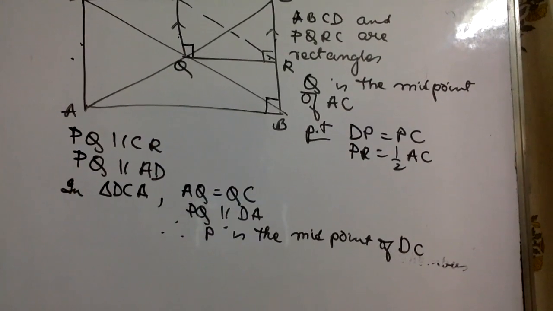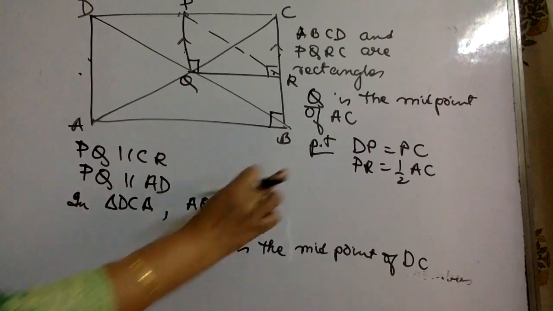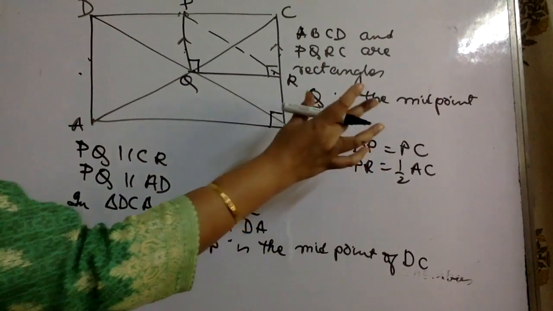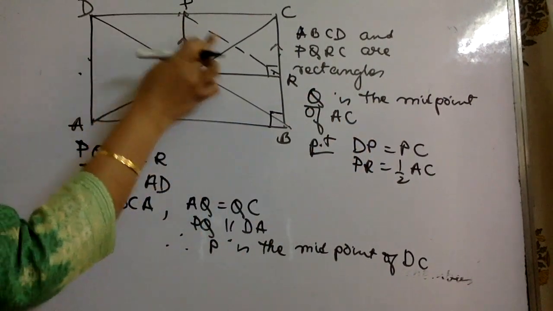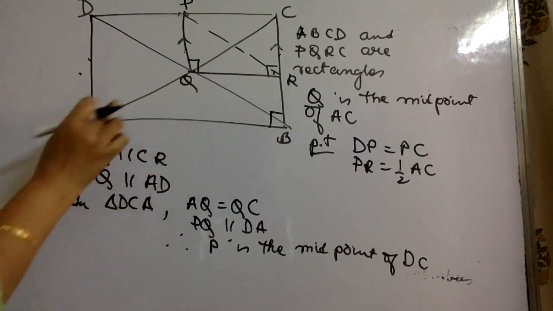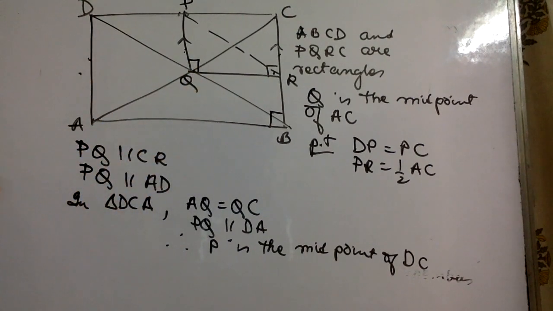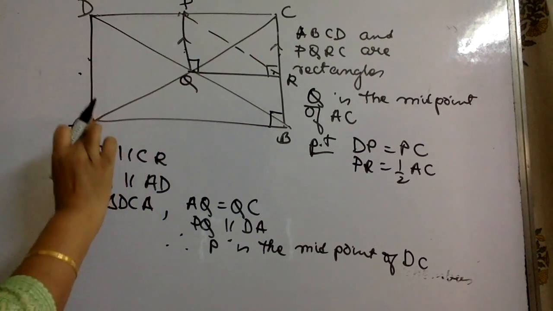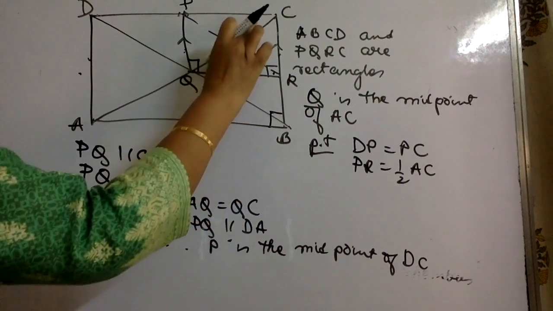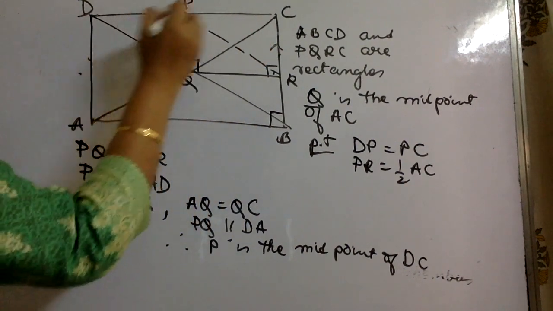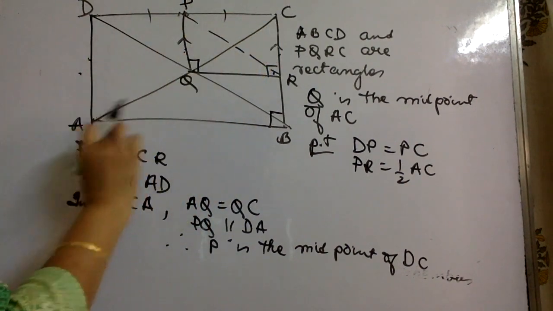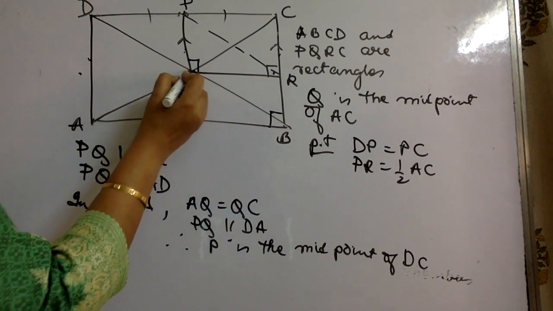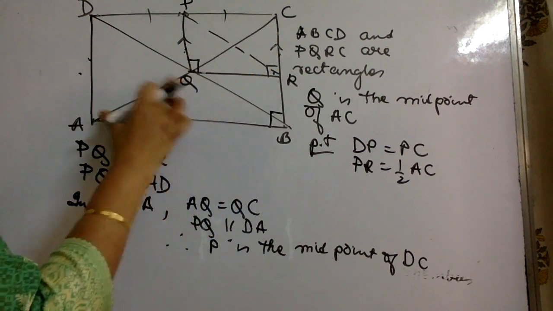Now coming to the second part, PR is equal to half of AC. How do we prove PR is equal to half of AC? Now in triangle CAB, we have already proved Q is the midpoint, so this part is equal to this part.